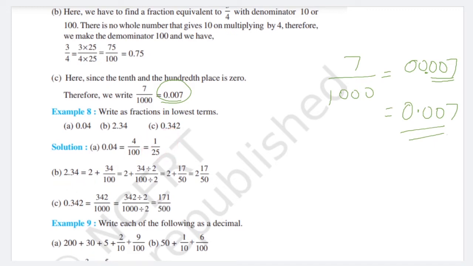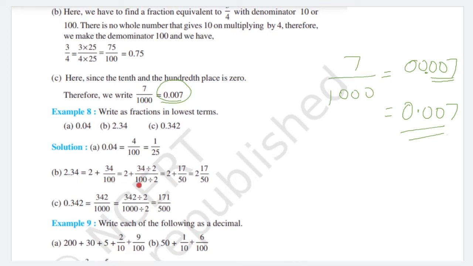The next one, 2.34. This 2 you are placing it like that only. You are not going to disturb 2. So 2 is kept like that. This 34 only you are going to write again. So 0.34 will be 34 by 100.